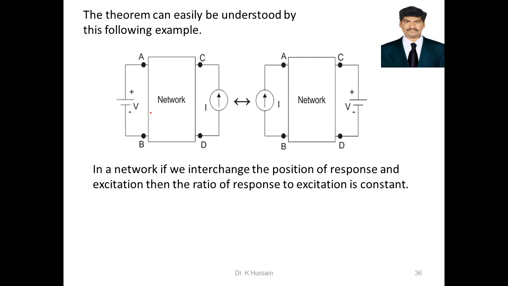Here this is the source, and at the output we get the current. The ratio of response to excitation should be a constant value. Here it is IL by IS, where IS is the supply source current and IL is the load current. After shifting the source to the other side, the ratio becomes IS by IL. So this ratio should be constant.